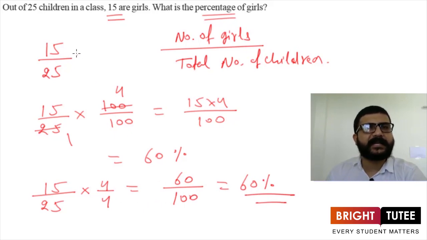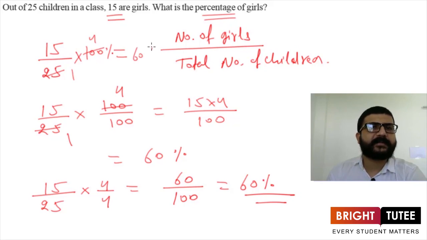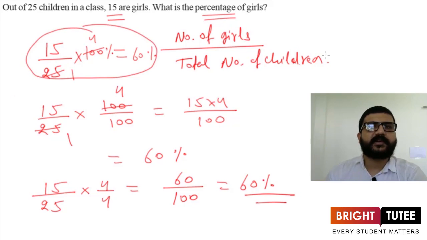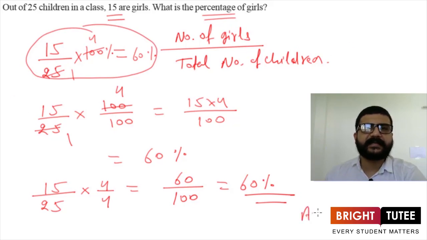We can just simply multiply the given fraction with 100 and this will be percentage of the fraction. So it means this gives us 15 into 4, that is 60%. So it means we can say the final answer for this question will be 60%.